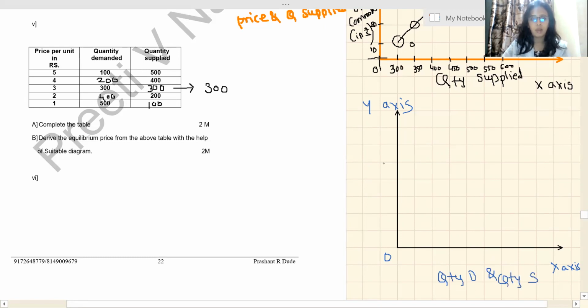Then we have price per unit in terms of rupees. Okay, we can take 1, 2, 3, 4 and 5, and here 1 centimeter difference: 100, 200, 300, 400 and 500.